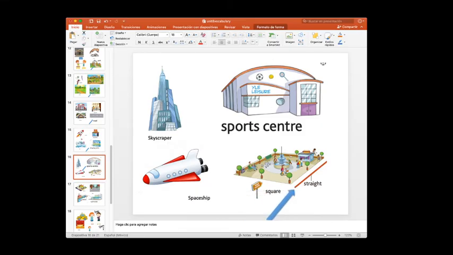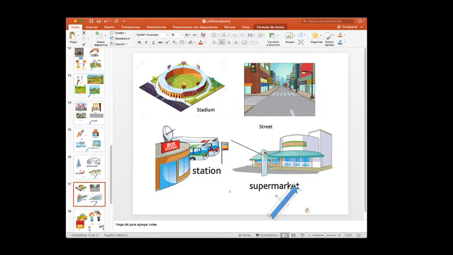And when you walk in one direction, just in a line, that is straight. Okay. This other one is a stadium. Azteca Stadium. Okay.